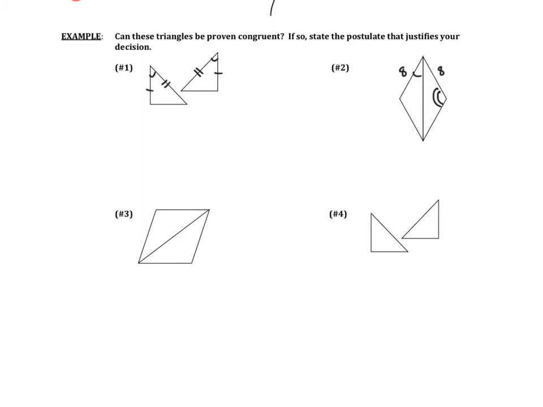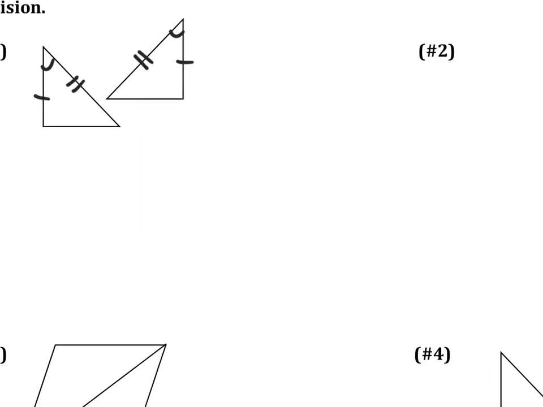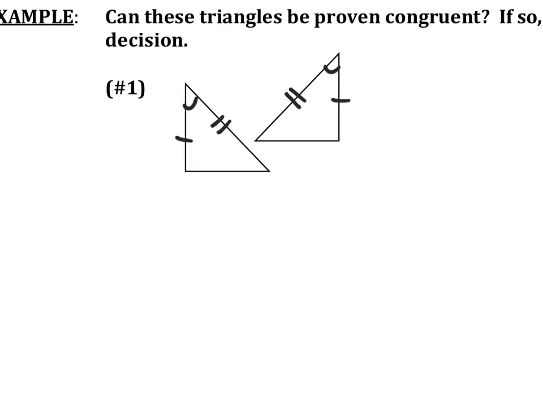Okay, let's take a look at the first two. If these are marked like this, is there enough information in number 1 to say that those are congruent?